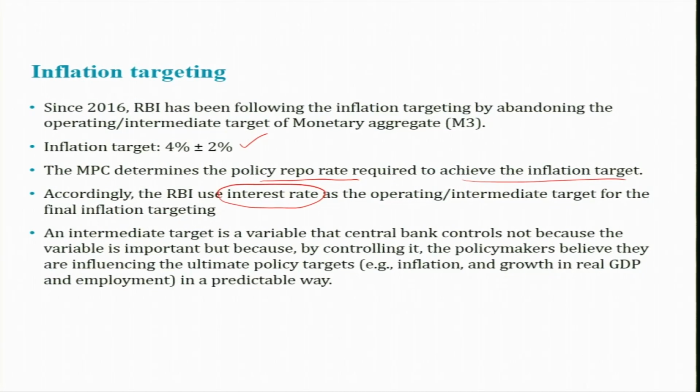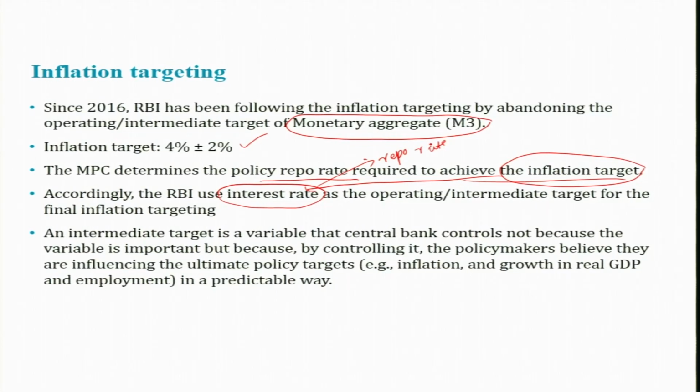So we abandoned the monetary aggregate, the money supply target, in 2016, and with the final inflation target, in order to achieve this we have been following the interest rate target. That means the interest rate target is nothing but the repo rate.